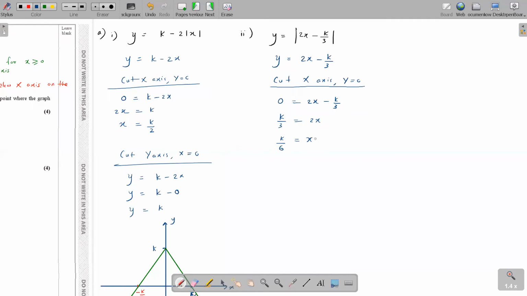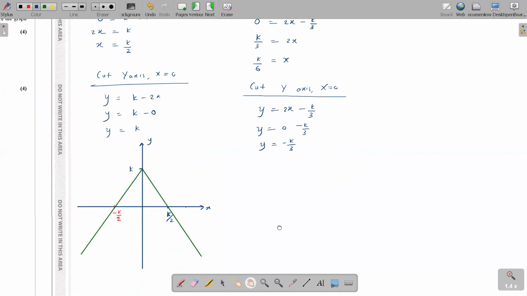So the x cutting point is x equals k over 6. And the next one, when you cut the y-axis, x is 0. So when x is 0, y equals negative k over 3. Right? So let's draw that graph also over here.